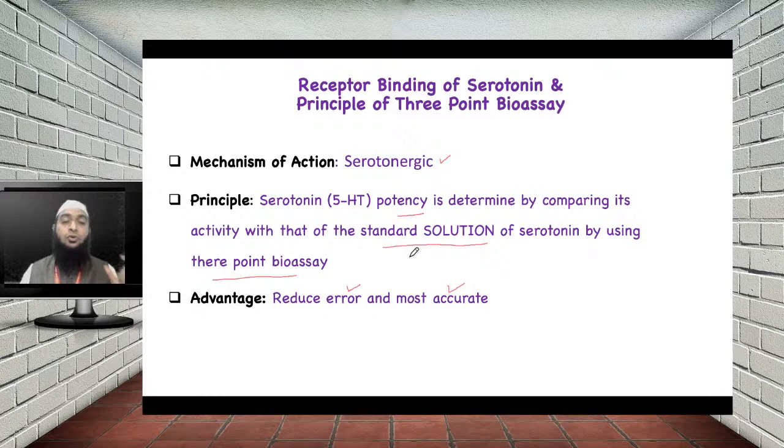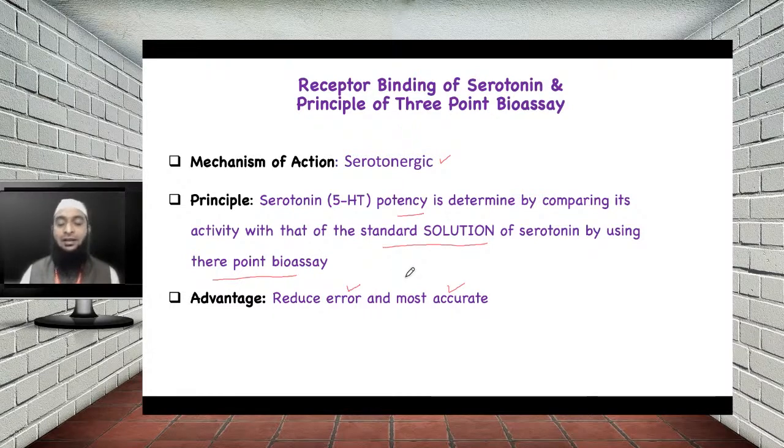Most of the time we are just taking a single dose of the standard, or 1 or 2 doses of the standard and 1 or 2 doses of the test, isn't it? Since we are not repeating it every time and not taking the average, there could be the possibility of error, and it will be more clear when you complete this experiment, when you apply the formula, when you take the DRC, when you take the average. It will be clearer how it reduces the error and how it becomes the most accurate method.